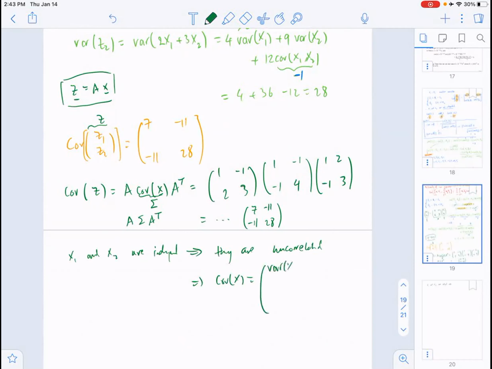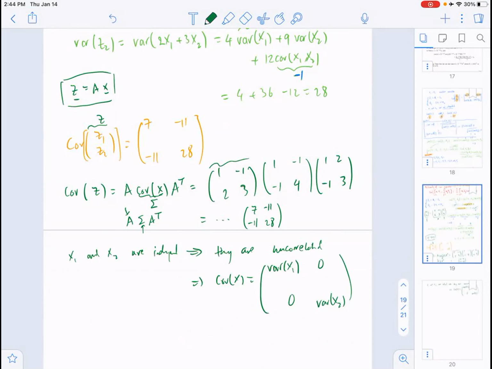So you get the variance of X1 and the variance of X2 and the zeros here. So this middle guy would look like that, but A is not necessarily an orthogonal matrix. You can verify, for example, this A is just not orthogonal. If I multiply the columns, they're not orthogonal, and the columns do not normalize to 1.